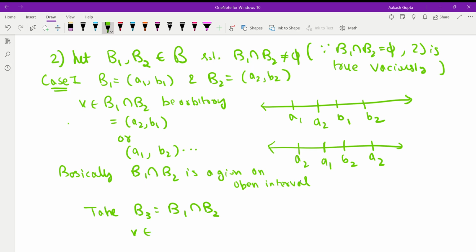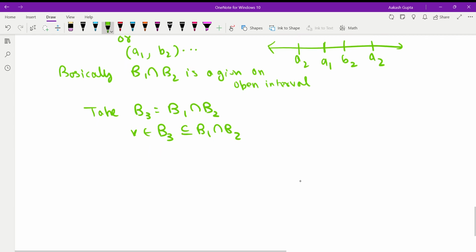So what do you have? x belongs to B3, which is contained in B1 intersection B2. Why? Because it is precisely B1 intersection B2 only, right? So in this case, this property is clear, right? Let us do the next one. Case 2.